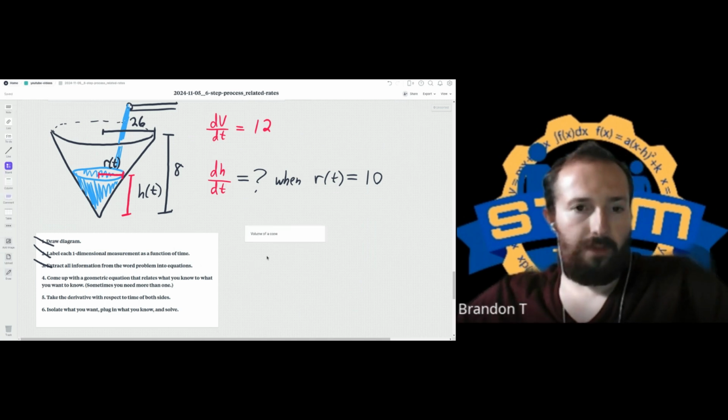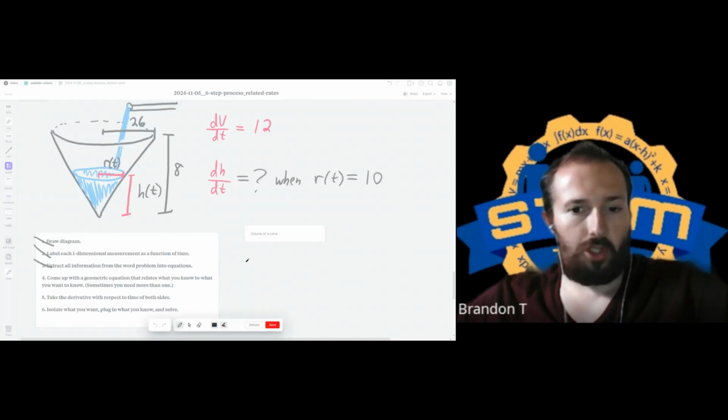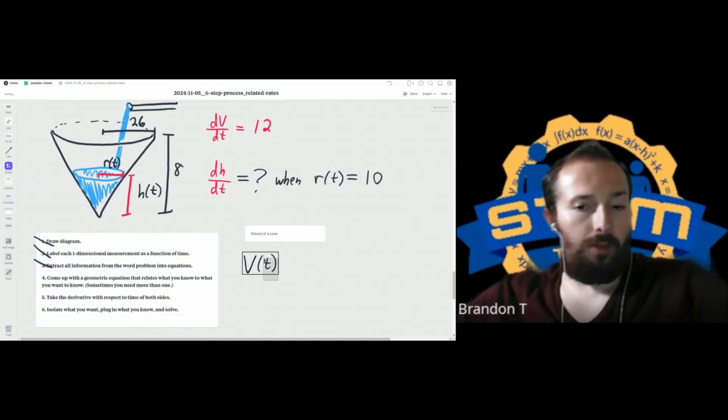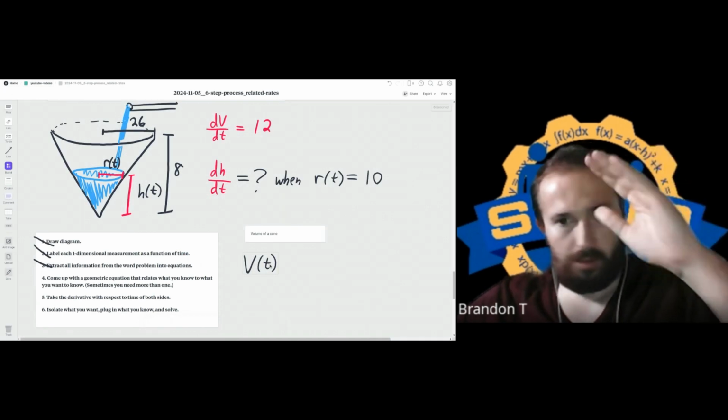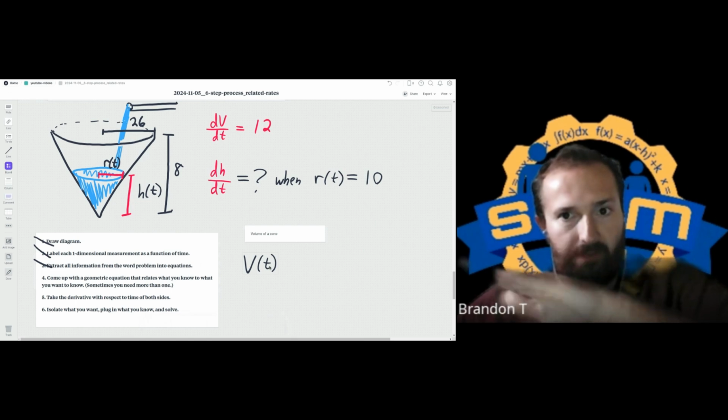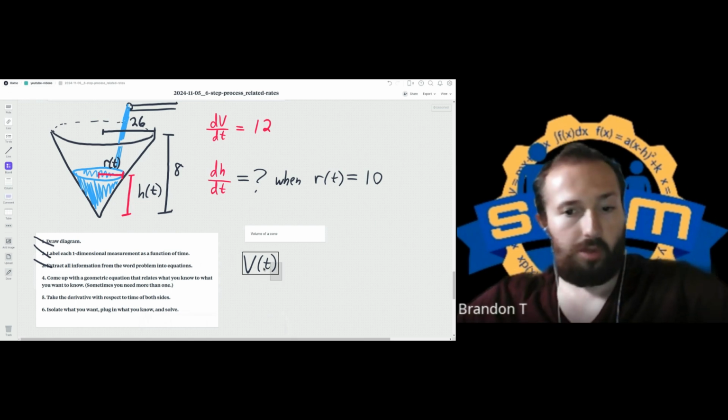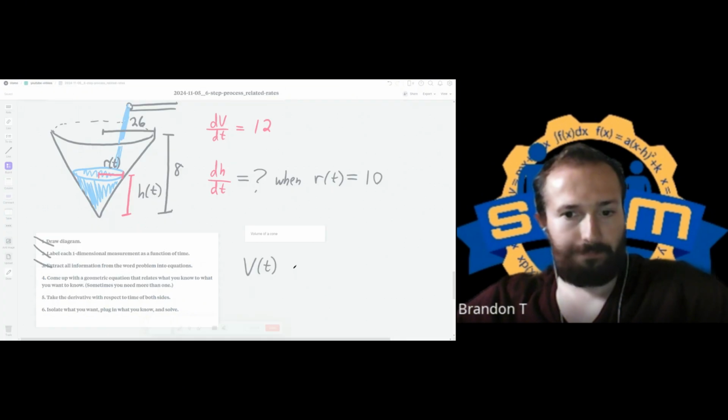And this is where you do have to at least be aware of some of the key geometry equations, but here I'll just do V of t. And by the way, the same thing that I mentioned on step 2, as a function of time, I'm doing that here. I'm not just saying V equals pi or whatever it is in terms of R and H. I'm being crystal clear that we're talking about V as a function of time because it changes over time. The volume, the radius, and the height are constantly changing.